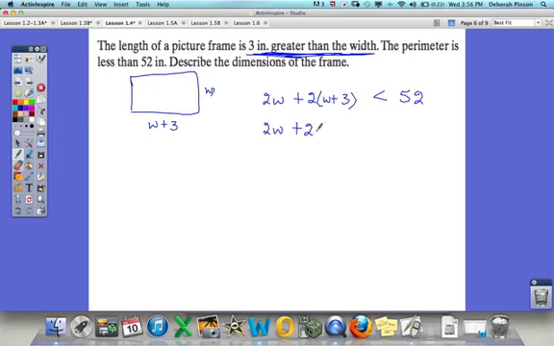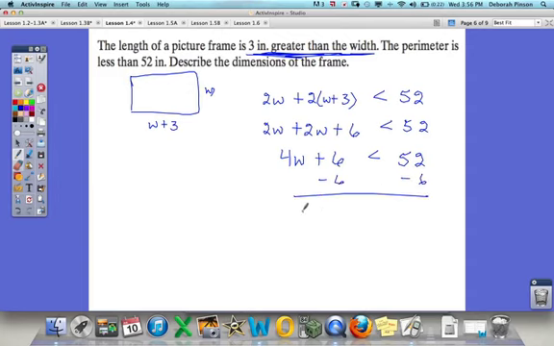Alright, do my number crunching, distribute out, combine like terms, and then solve this thing. So 4W is less than, not meant to put that equals there, is less than 46.